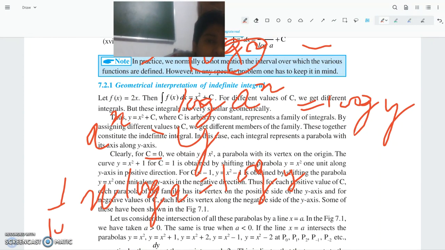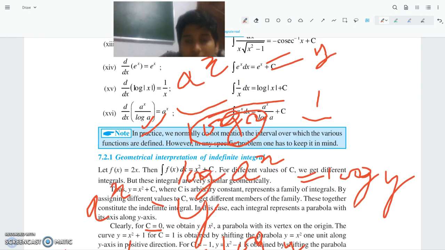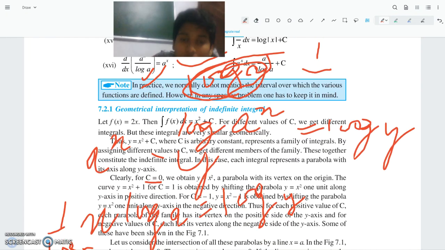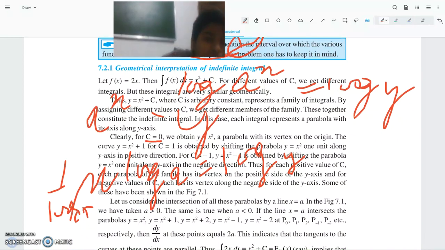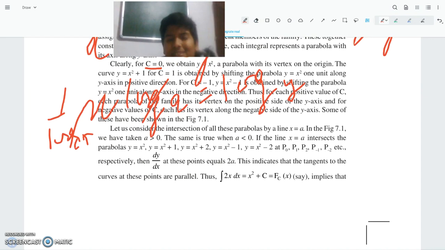Now this log a and log a cancel. What do we get? x equals log y. As simple as that. Now we have just solved it, and we have not differentiated it anywhere.